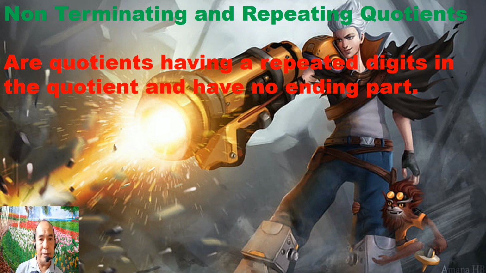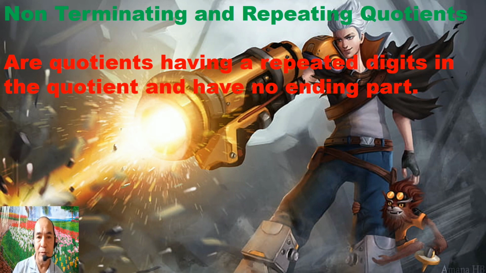And what is this repeating quotient? These are quotient having repeated digits. Meaning to say, if you perform the division, it will repeatedly be having the same digits. So if the digit will be 3, it will be a continuous number 3 up to the end of the division.